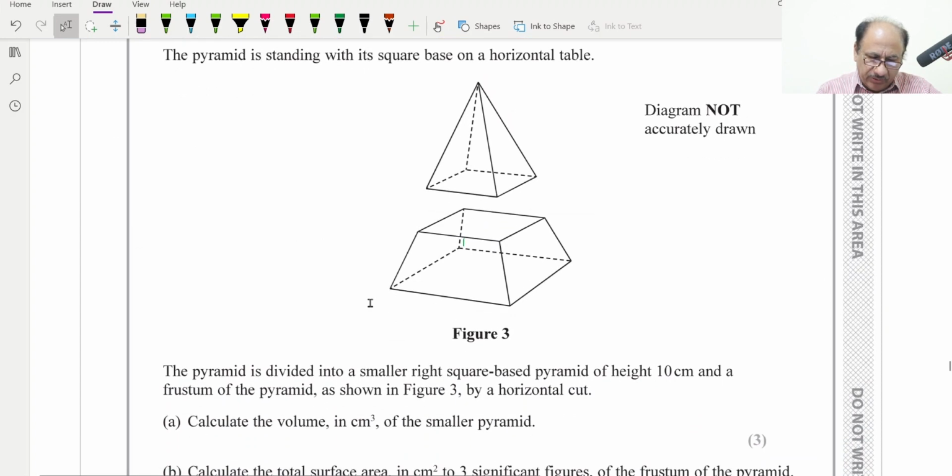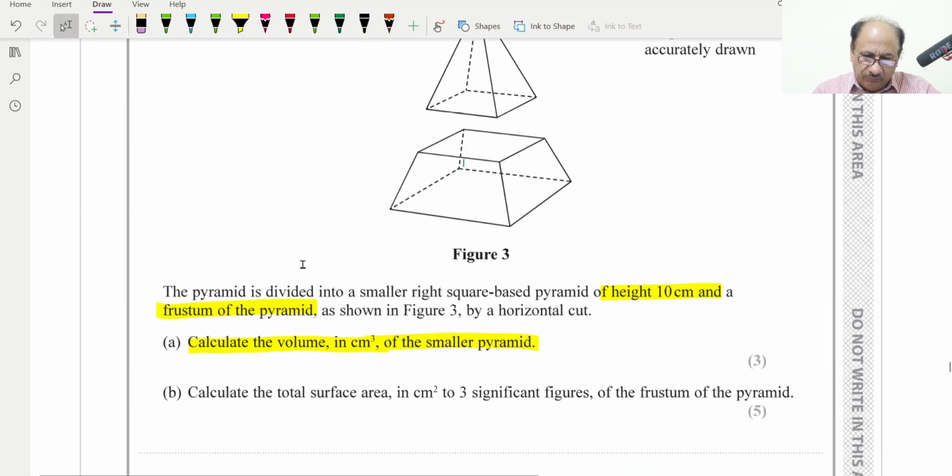The pyramid is divided into a smaller right square based pyramid of height 10 centimeter and a frustum of the pyramid as shown in figure 3 by a horizontal cut. Calculate the volume in centimeter cube of the smaller pyramid.